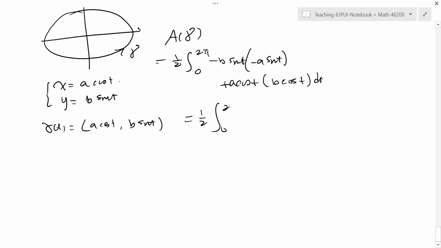So here from 0 to 2 pi, and inside is ab dt. So that's why ab. Okay. So the area of the ellipse is just the product of a and b. That's good. That's great. That's interesting.